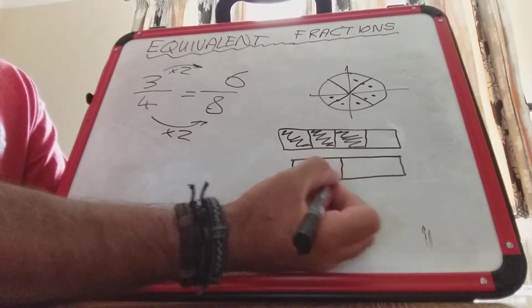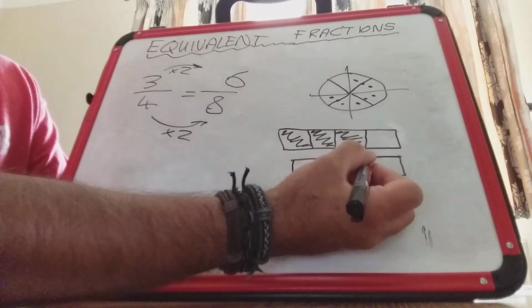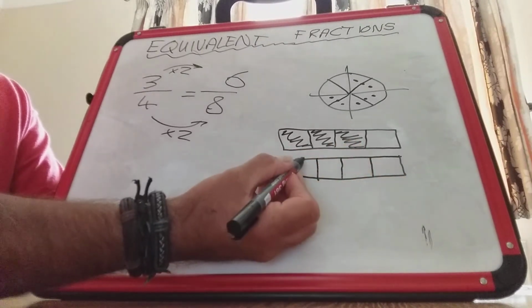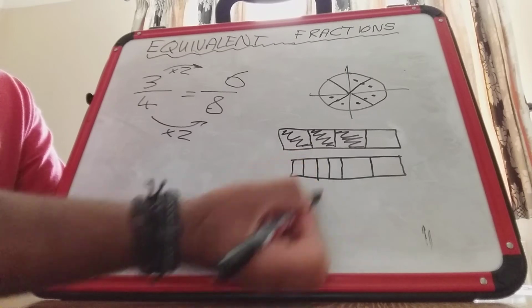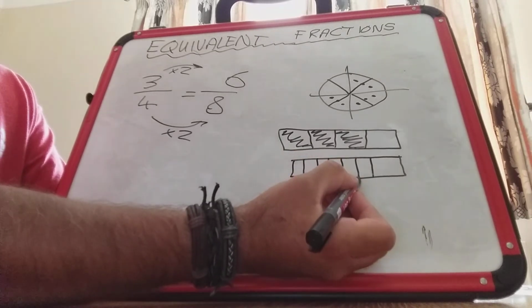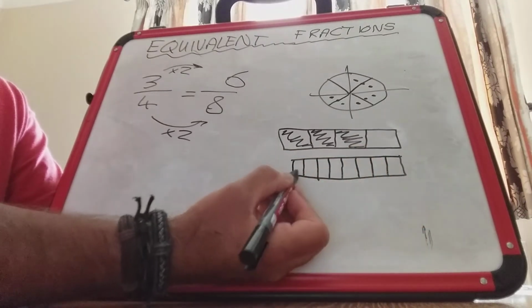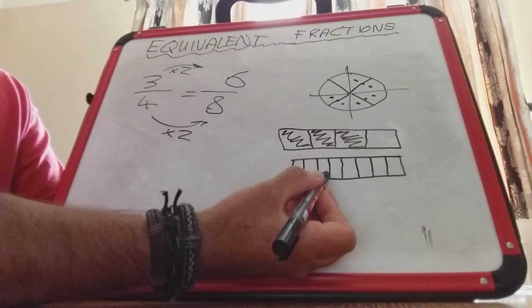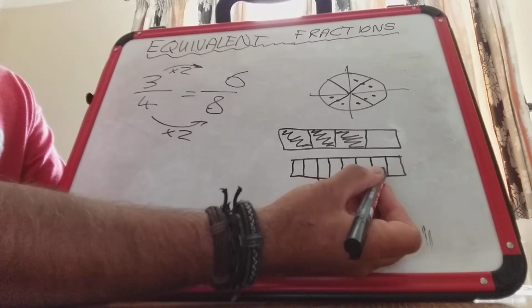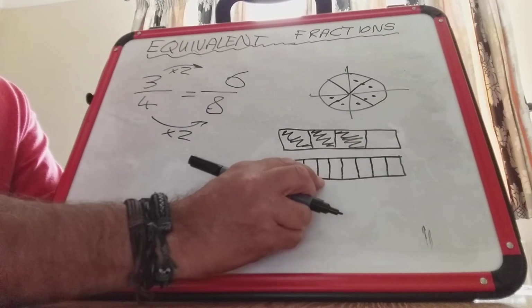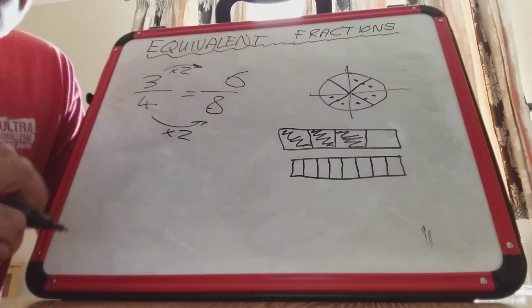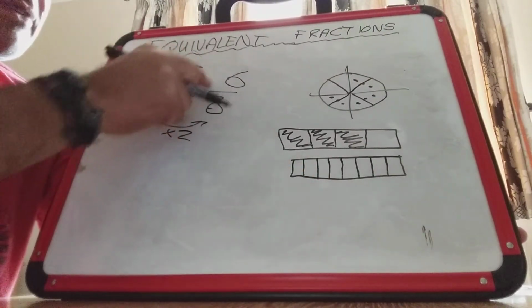So best way is to chop it in half, and then each of those, chop those in half, half and half, and then there and there. So let's just check 1, 2, 3, 4, 5, 6, 7, 8. That's fine.